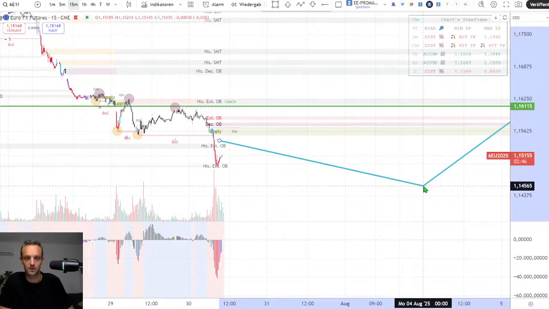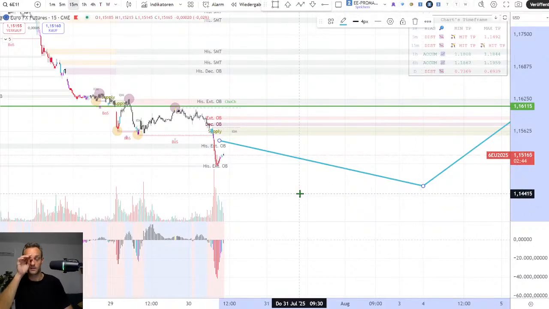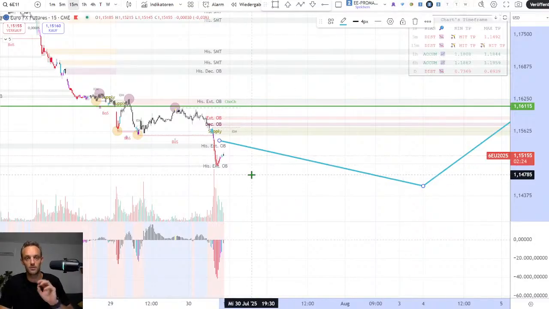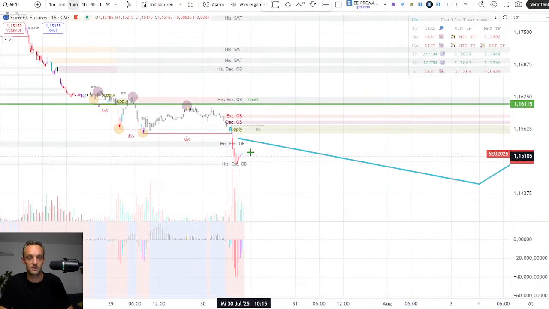Falling prices, continuation, bottom building process, and then in this phase we have another supply, and when this one gets taken out, then it's time to think of longs. From my point of view, it's too early to think of longs. We are in this bottom building process.